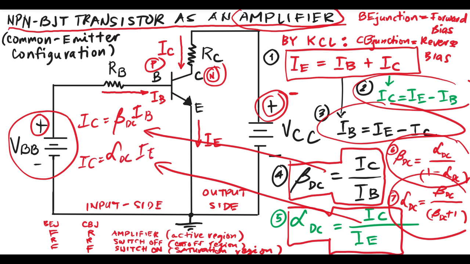So the formulas to get IC will be formula number 8 and formula number 9.